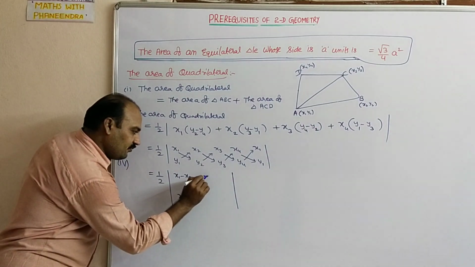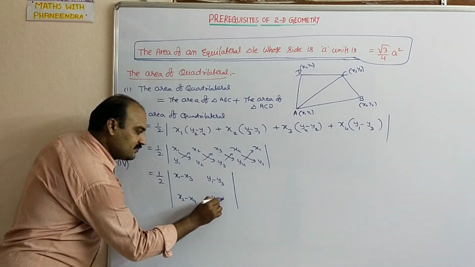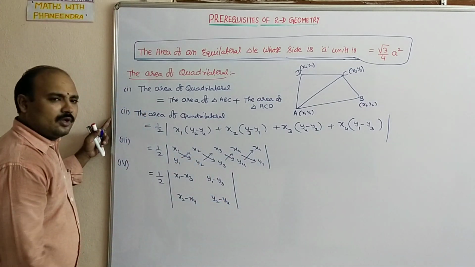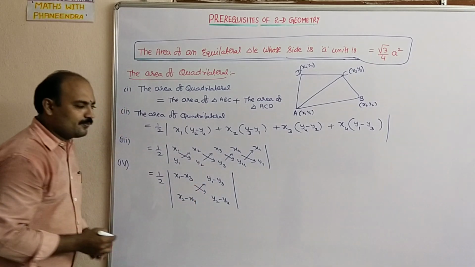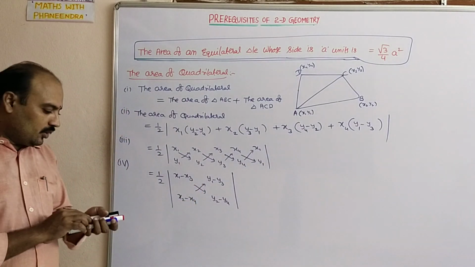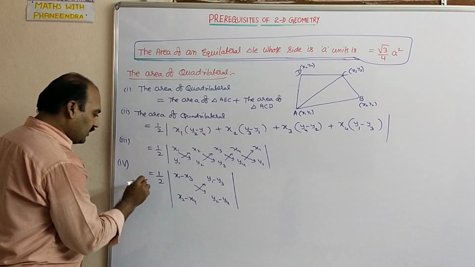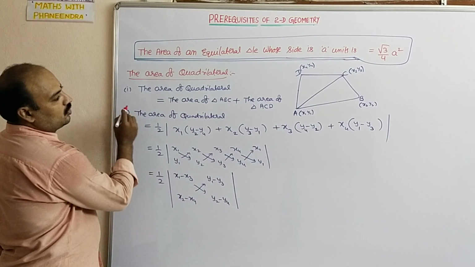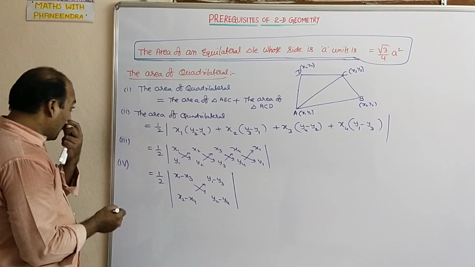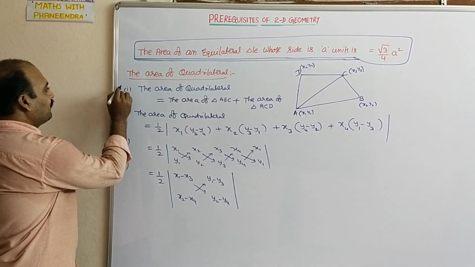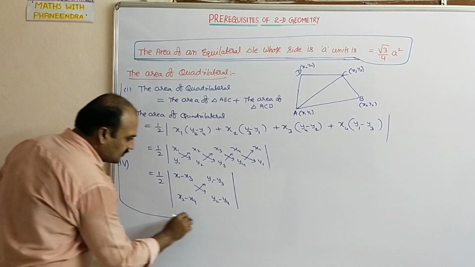Similarly for y: y1 minus y3, y2 minus y4. Here also a 2 by 2 matrix means a determinant, we can do that. This is the way you can get the area of quadrilaterals. These are the formulae for the area of a quadrilateral, all the formulas.